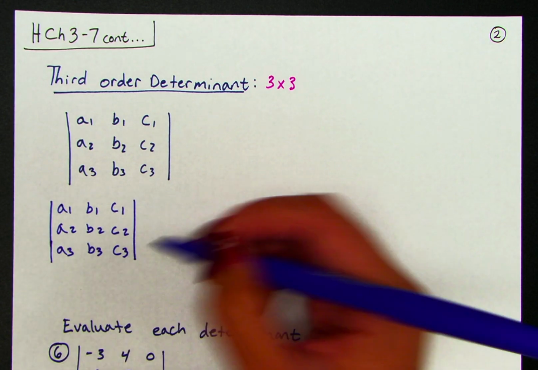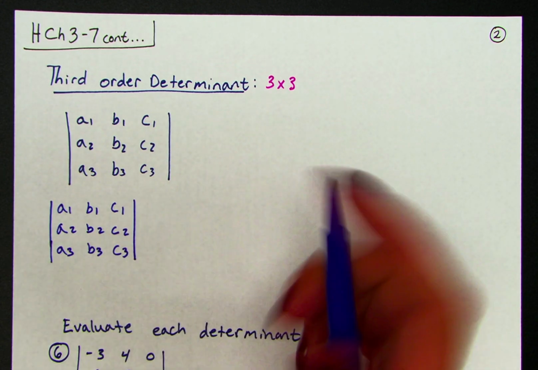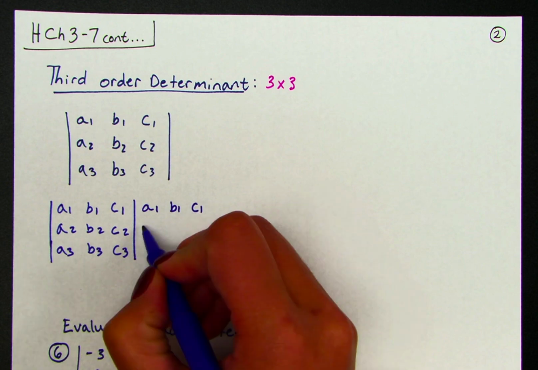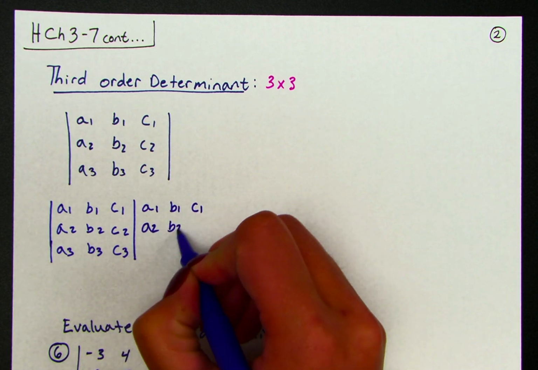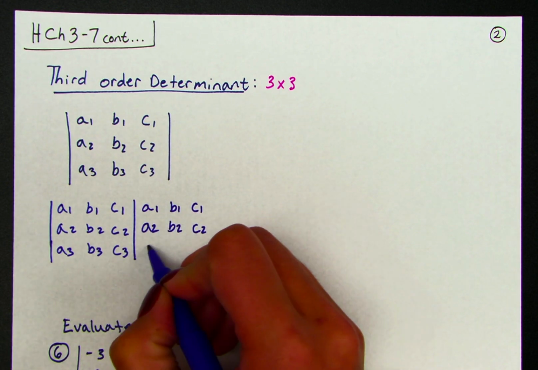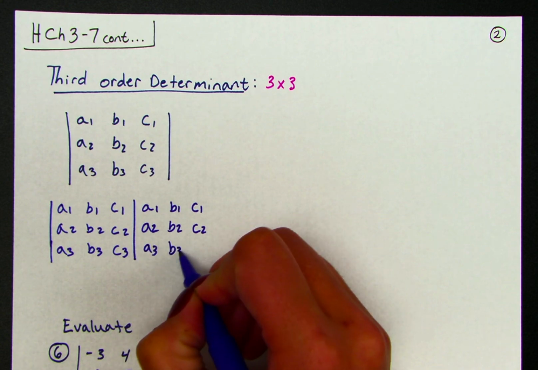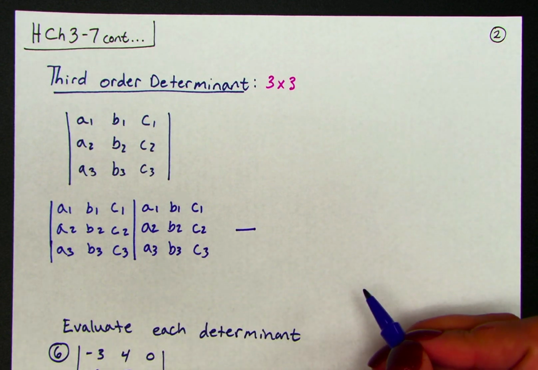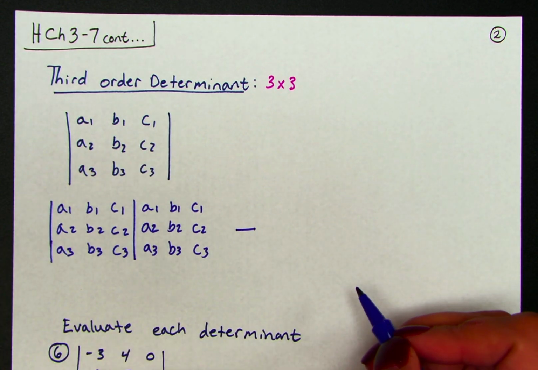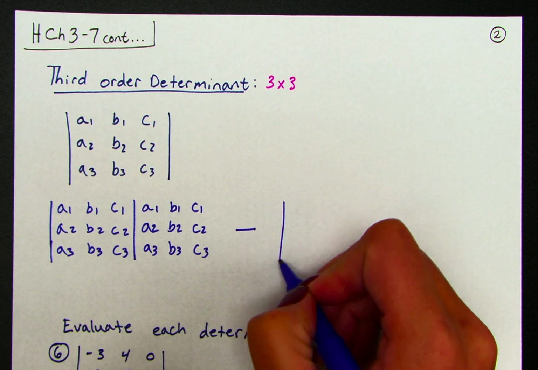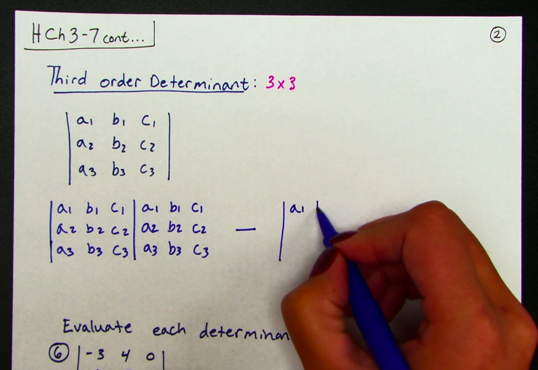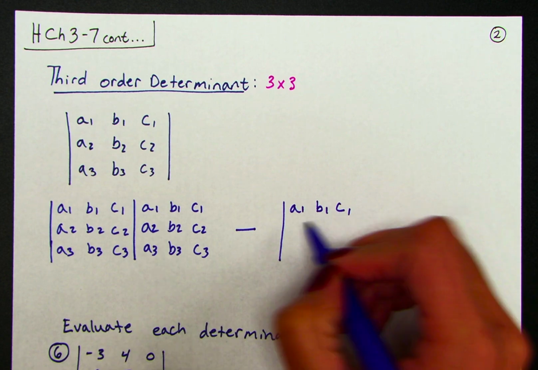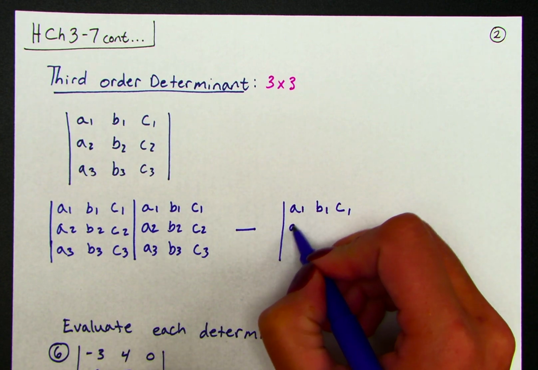All right, so there's my first one. Now I'm just going to rewrite this next to it. And then I'm going to put in my subtraction sign, and then I'm going to rewrite this group again. This will make sense why we are doing this when I start showing you how we are going to get the formula to find the determinant.